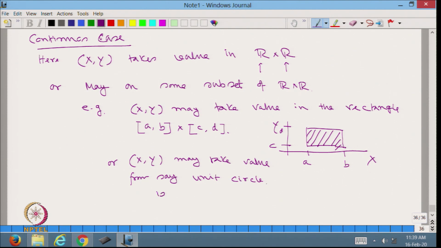That is, if this is the 2D plane and this is the unit circle, then x y can take any point from inside the circle, that is, x square plus y square is less than or equal to 1.